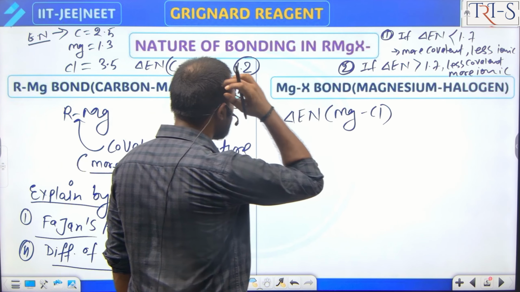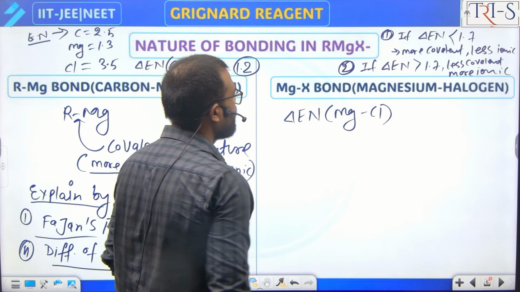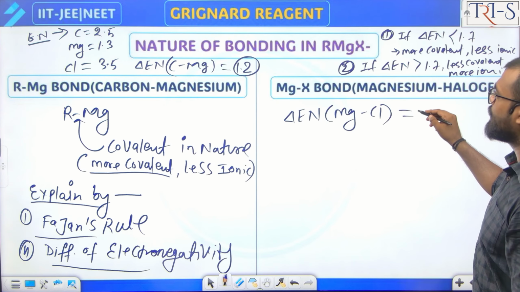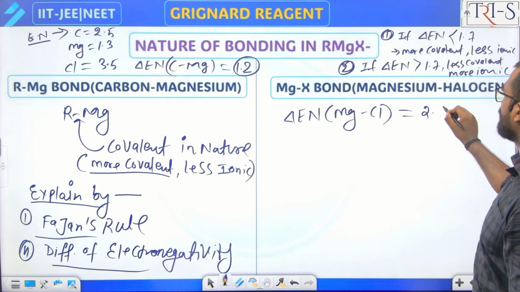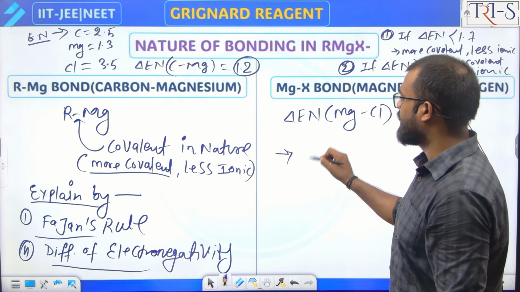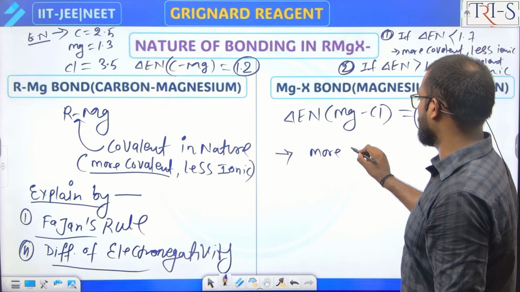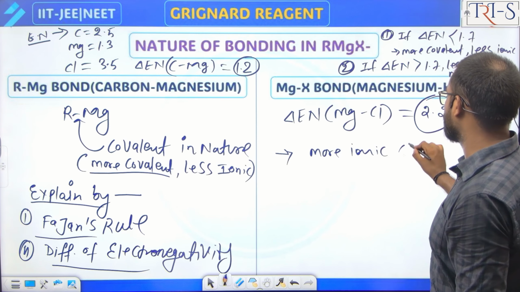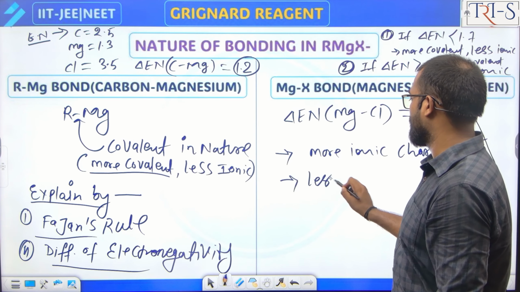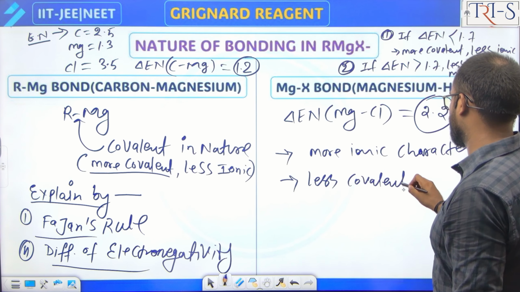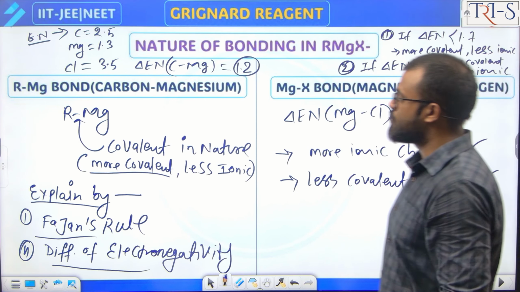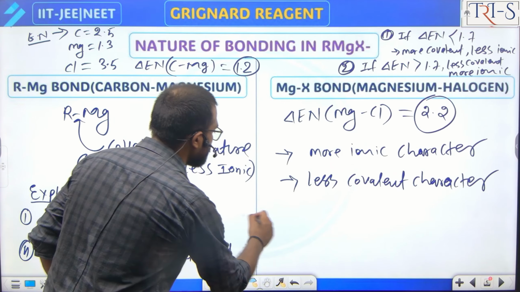The difference of electronegativity between magnesium and chlorine is roughly 2.2, which is more than 1.7, which indicates it has more ionic character and less covalent character.